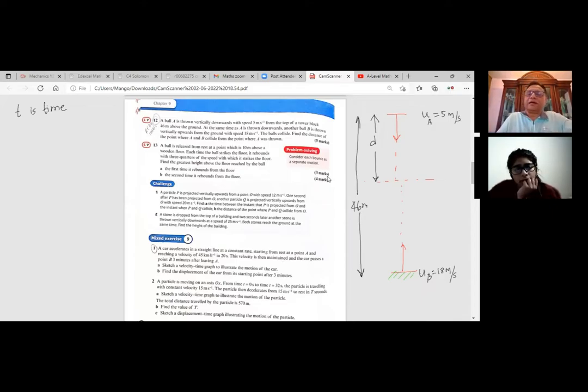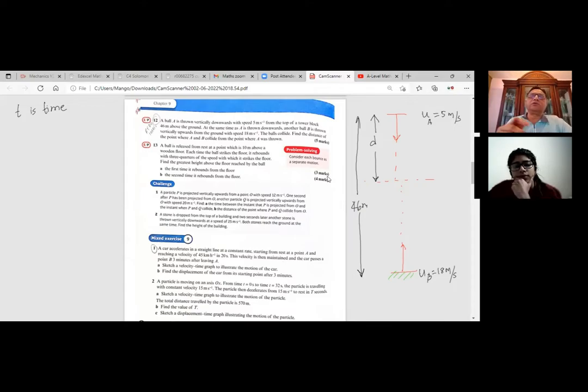If that is D, then ball B has traveled a distance of 46 minus D. So T is the time when both the balls are at the same height.